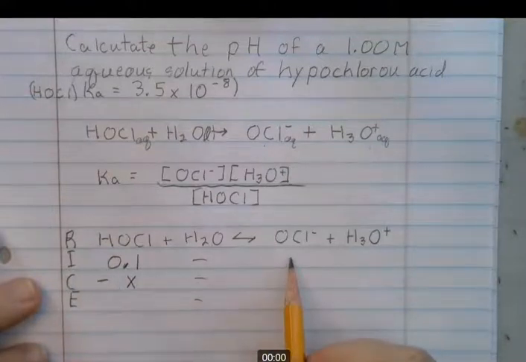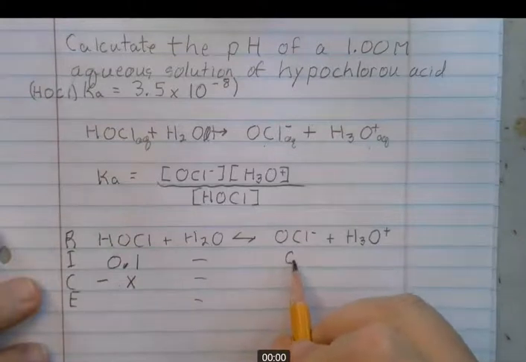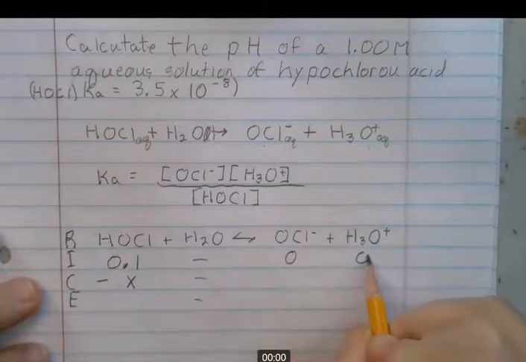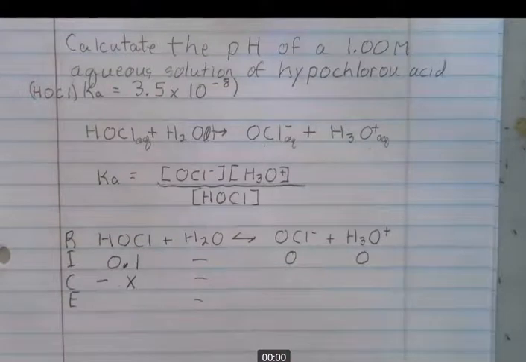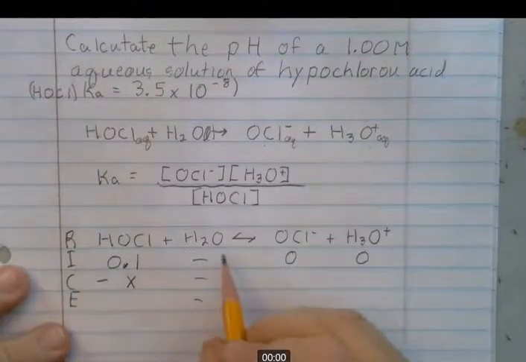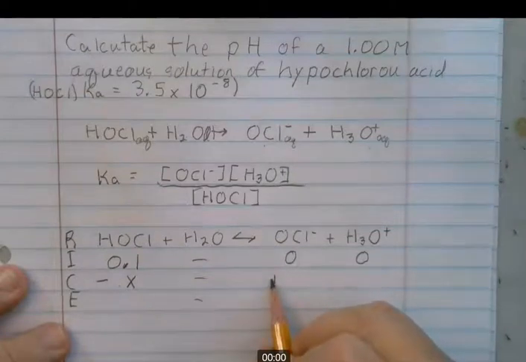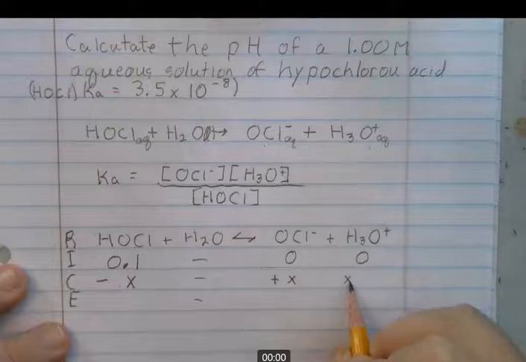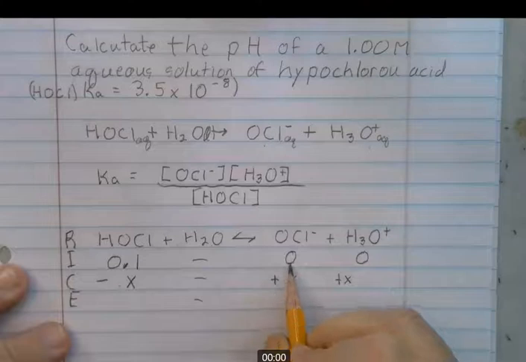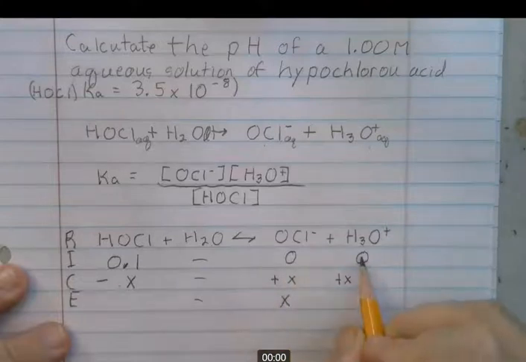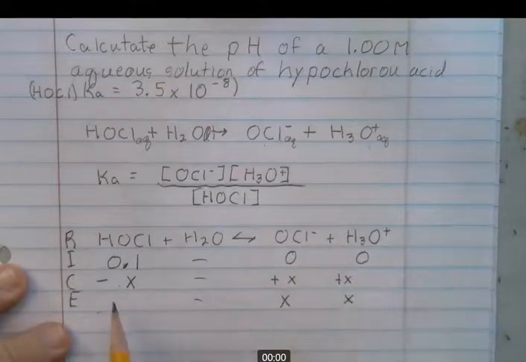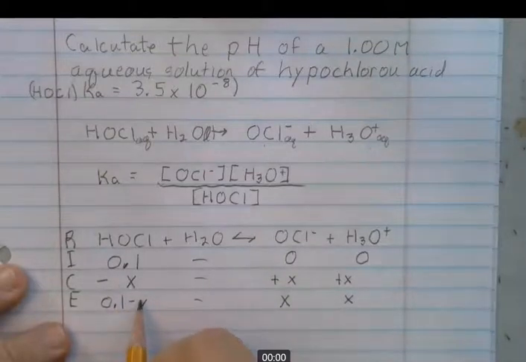Now we're going to come over here. This starts off at 0, because it doesn't tell us otherwise. Again, that's just an assumption you have to get used to in these ICE tables. And again, it's a 1-to-1 ratio for everything. So this is going to increase because it's a product, and this is going to increase because it's a product. 0 plus x gives you x, 0 plus x gives you x, and over here you have 0.1 minus x.